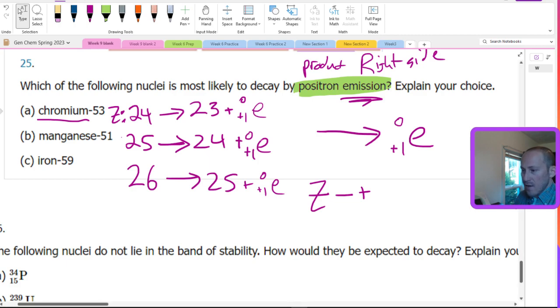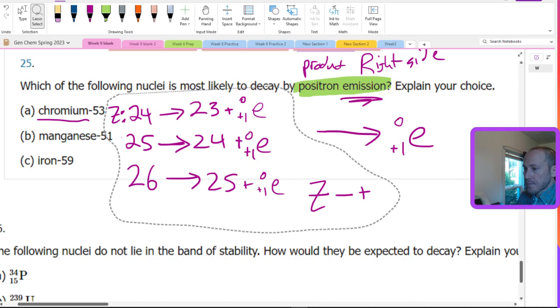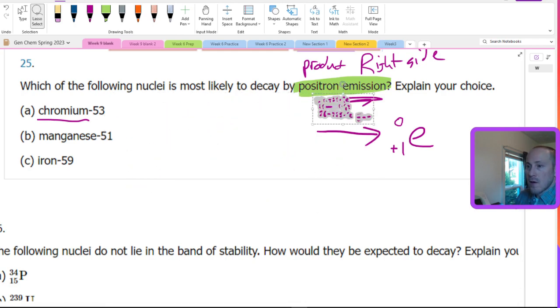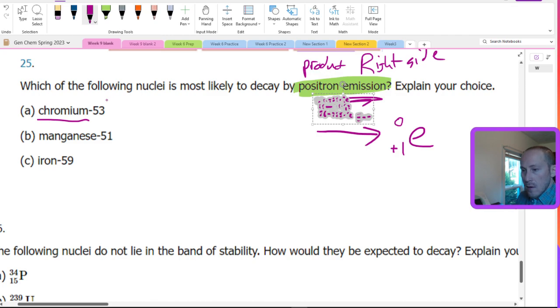Manganese 25, let's just make it clear. So this is 29 neutrons and 24 protons, and it's on the line, not likely to decay at all.